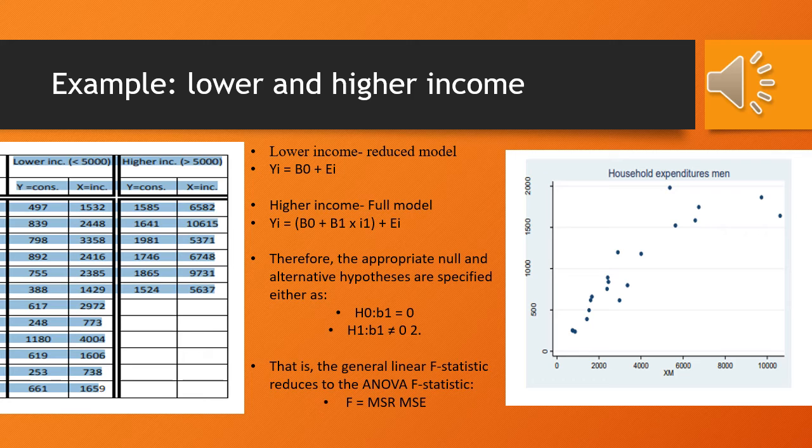So to calculate this, we must consider the lower income as a reduced model, where the formula is yi equals b0 plus ei, and the higher income as a full model, where the formula is yi equals b0 plus b1 xi1 plus ei.